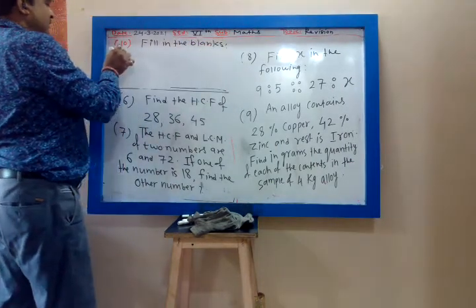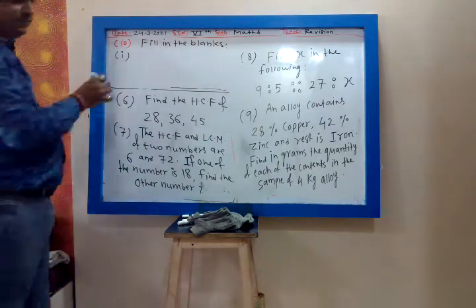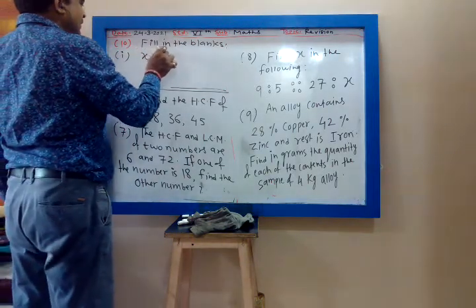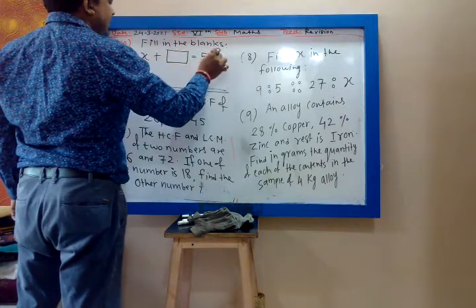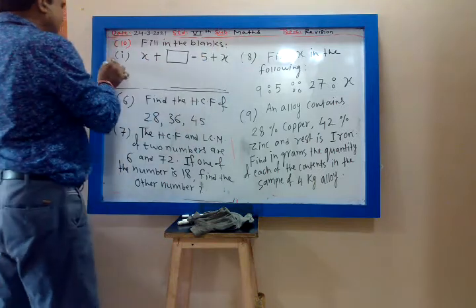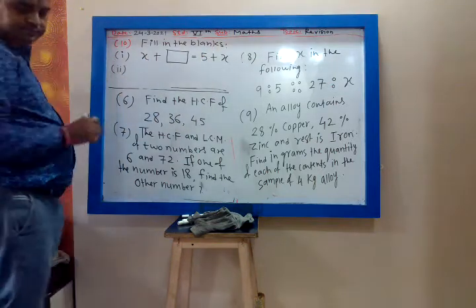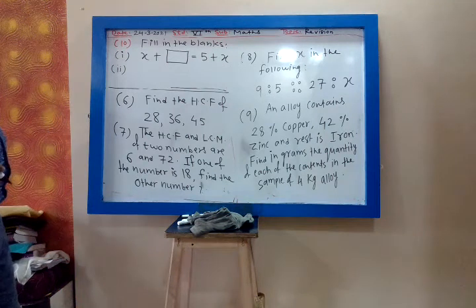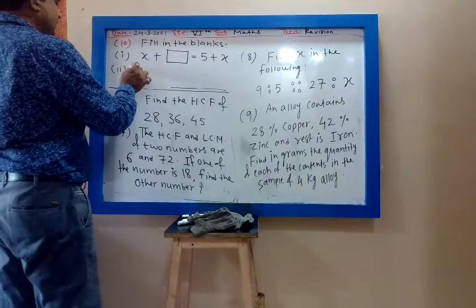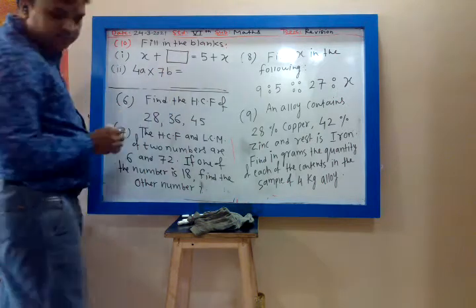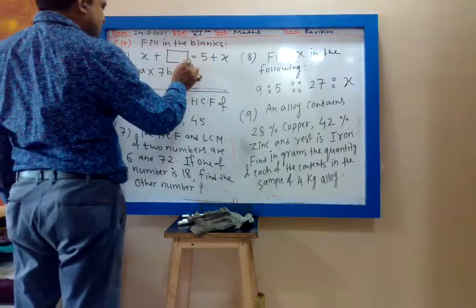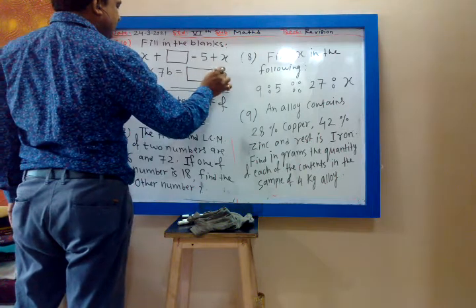Fill in the blanks. First, x plus box is equal to 5 plus x. Second, 4a into 7b is equal to dash into 4a.